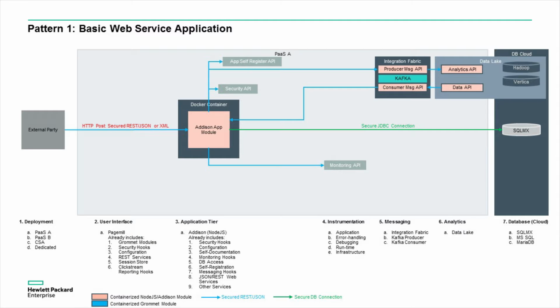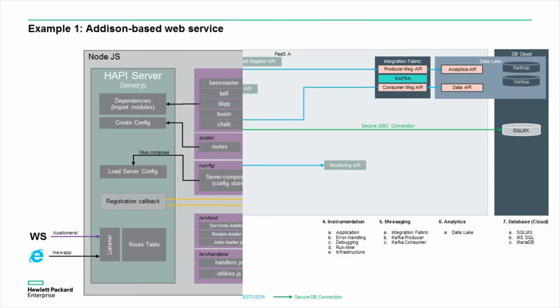Addison can easily provide a fully working, self-contained web service that can run within a Node.js container with very little additional work. Remember too that Addison is fully instrumented and provides a variety of embedded services on go live. Let's take a look at an example of Addison as a web service.